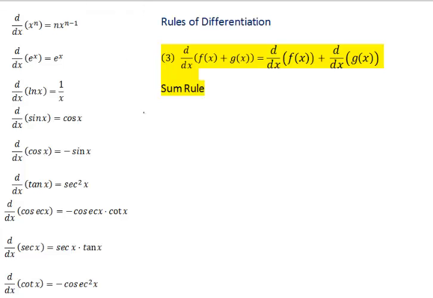Let's take another example. Suppose we have y equal to x plus 1 by x.